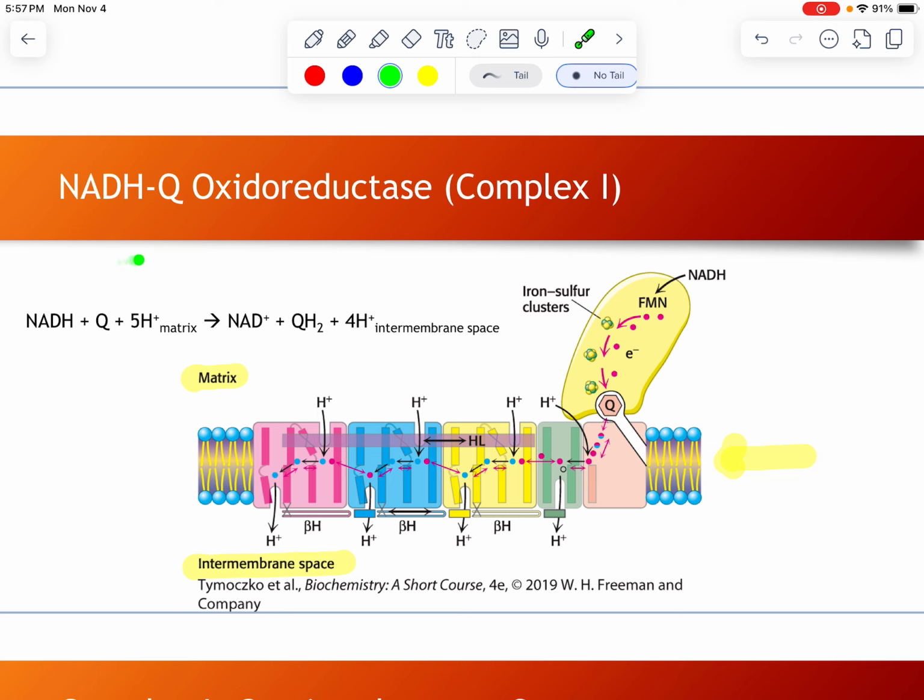So we're oxidizing here, the reduced form of ubiquinone, so ubiquinol, and then 4 protons, but now they're out in the inner membrane space. We've pumped them out. If we count the protons, I've got 1 here and 5, so I've got 6 on the left. I've got 2 here and 4. I've got 6 on the right.